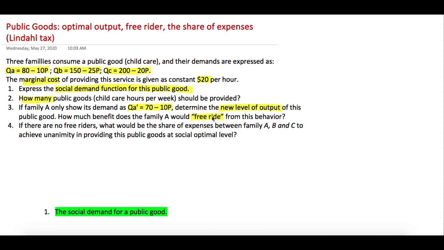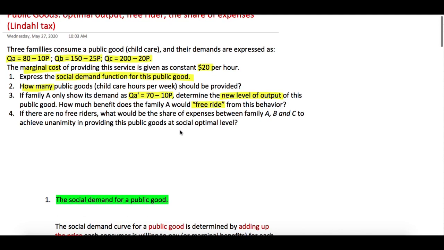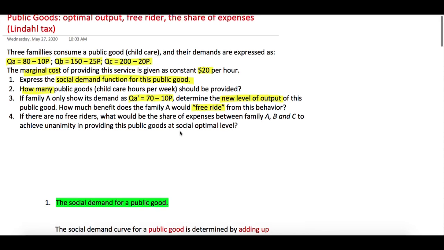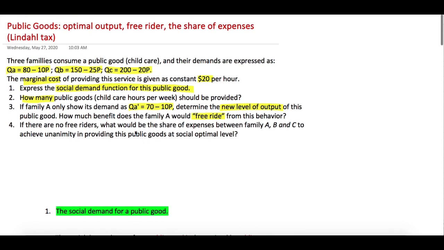Finally, if there is no free rider, what should be the share of expenses between families A, B, and C to achieve unanimity in providing this public good at the social optimal level? So that's a typical question in public goods.